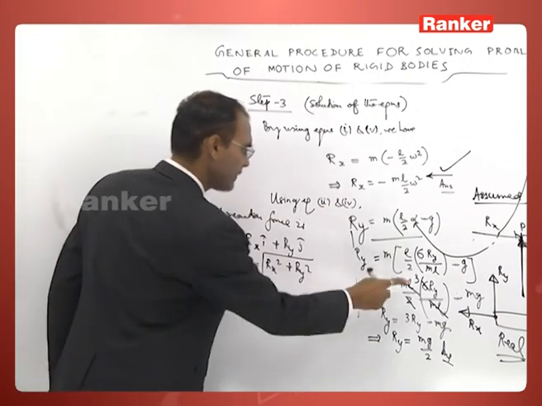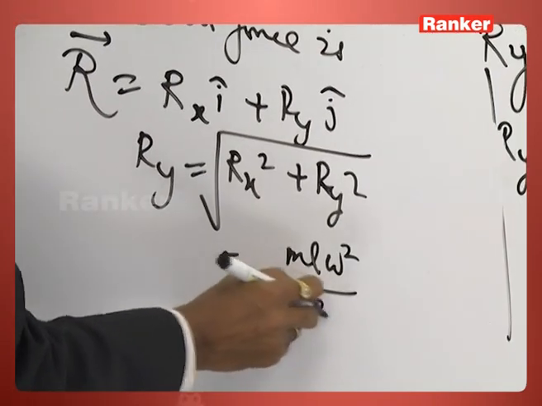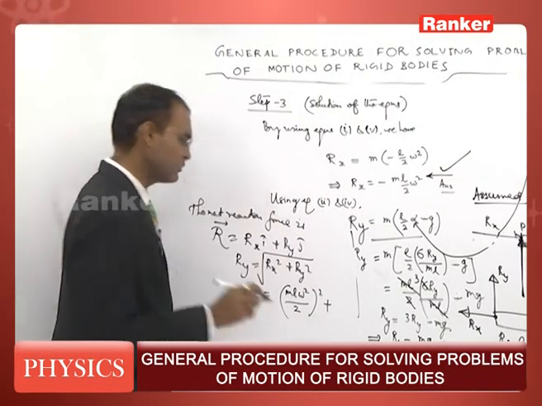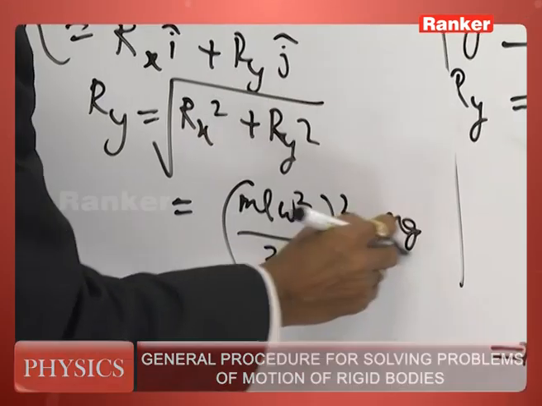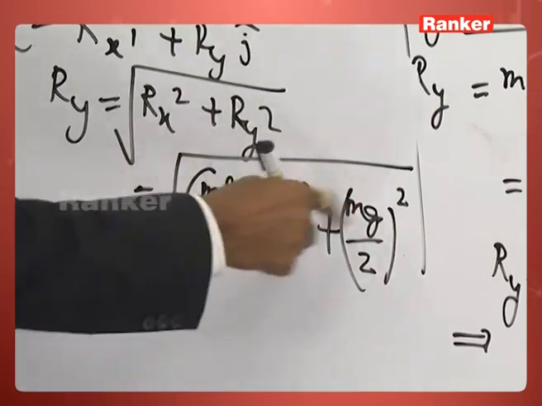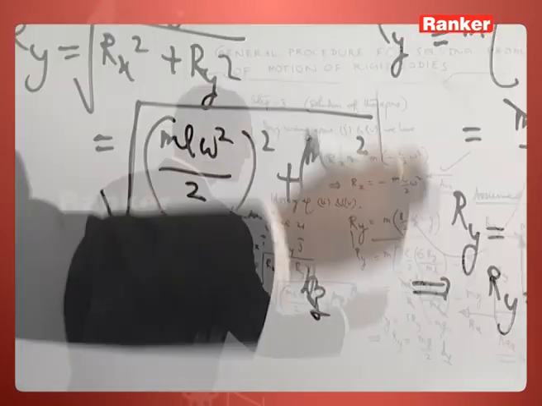What is Rx? That is (m L omega square by 2) squared. What is Ry? That is (mg by 2) squared. Sum them up and take the square root. This is the magnitude of the reaction force.